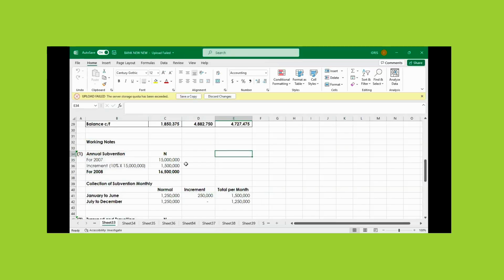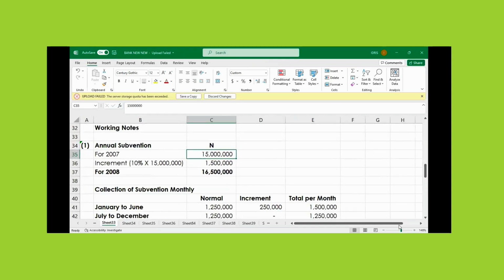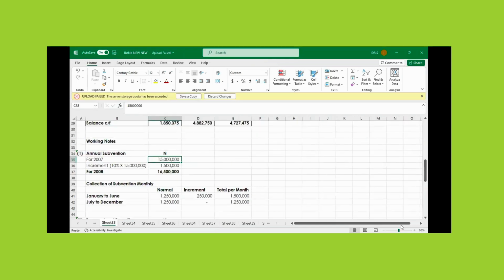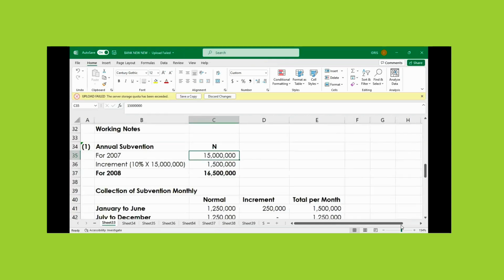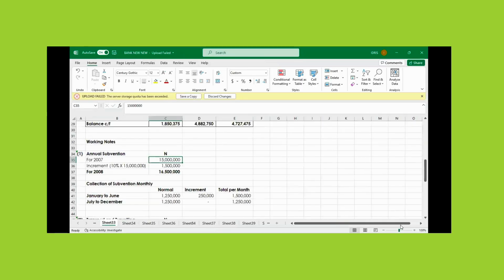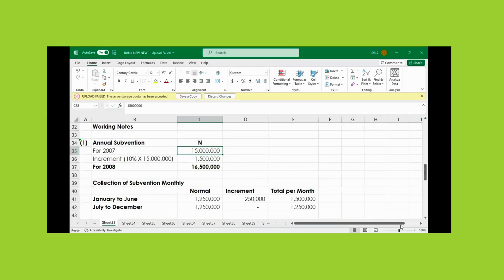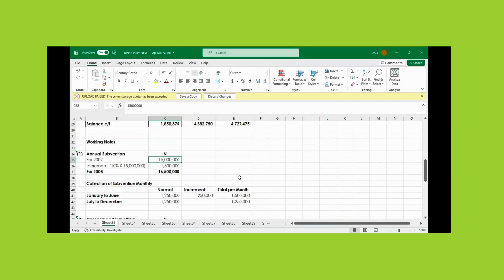15 million was received in 2007. Increment 10%, 10% of 15 million. That is working note 1, annual subvention. Can we all see that? Yes, sir.